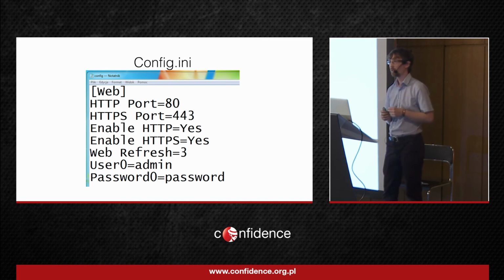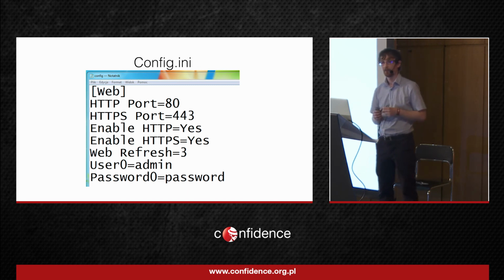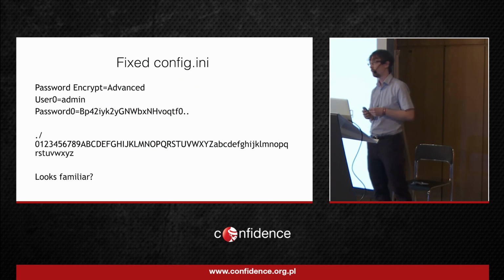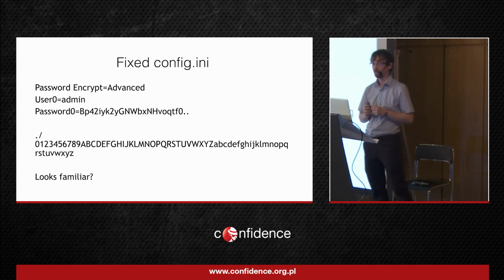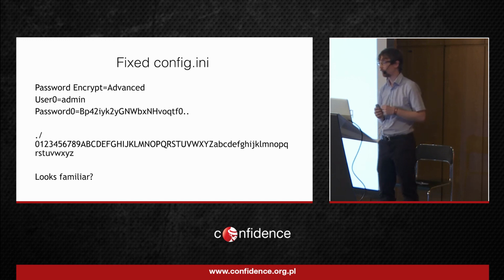So I sent a message to the vendor: hi guys, you need to change this. And after a while, I got a new build. Of course, they didn't change permissions, so every user can still read the config file. But right now we have something called advanced encryption.